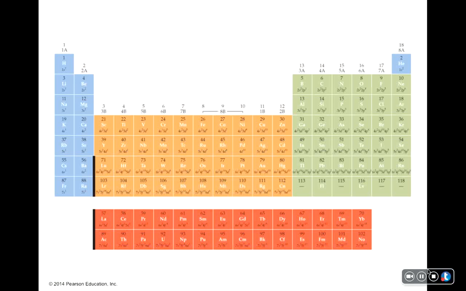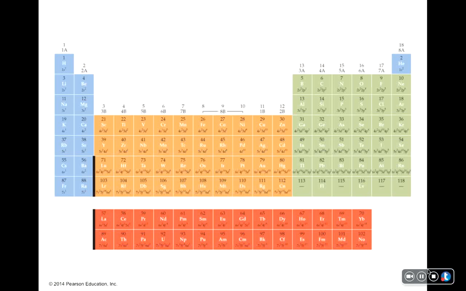Another is that if you look at the periods, not marked on this periodic table, but period 1, period 2, 3, etc., that tells you the energy level that's being filled. For example, sodium has 1s2, 2s2, 2p6, and it's filling its 3s1.